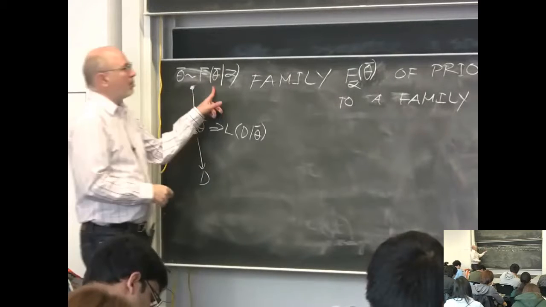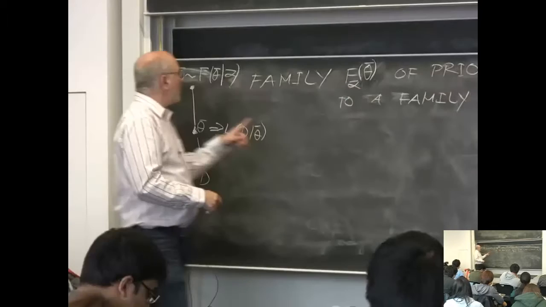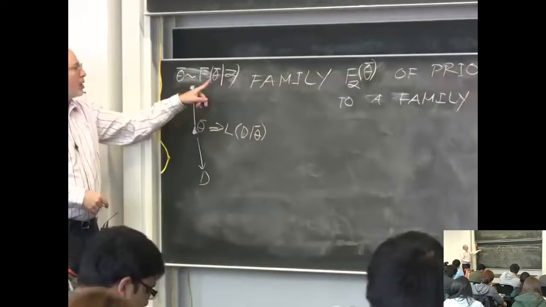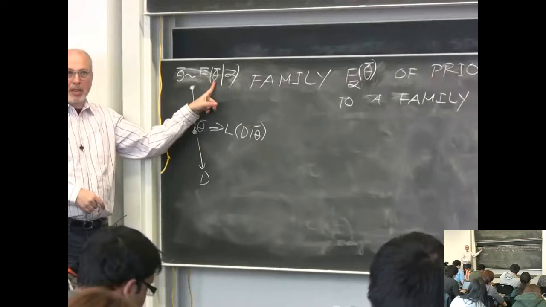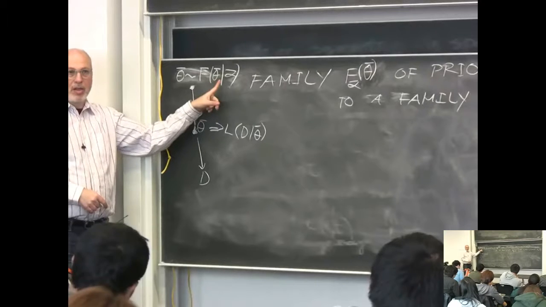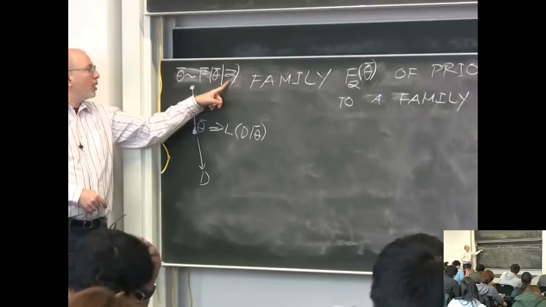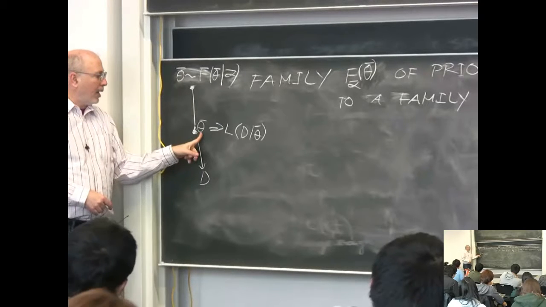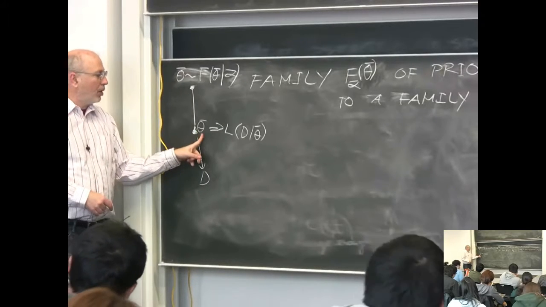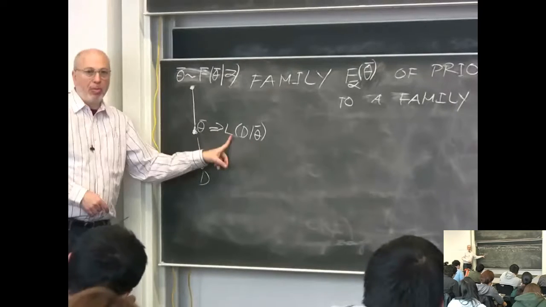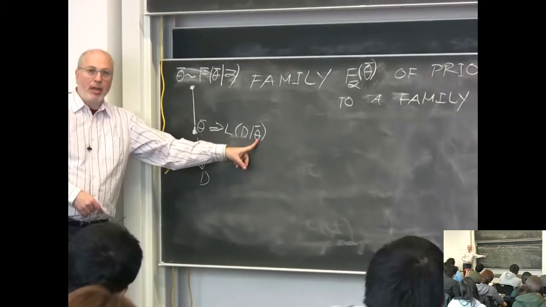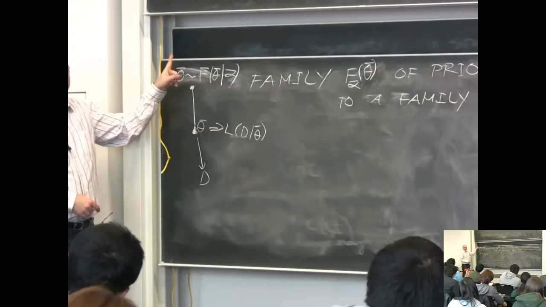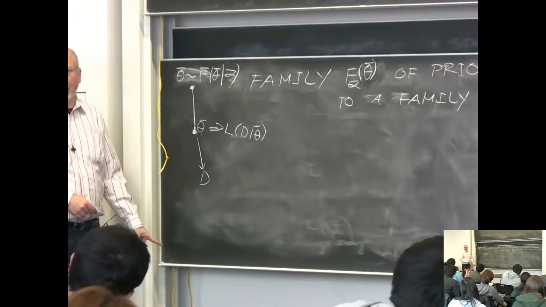This is a distribution over possible thetas characterized by some parameters, and it gives us this particular theta. Then the data is drawn from this distribution parameterized by theta. So alpha leads to theta leads to data.